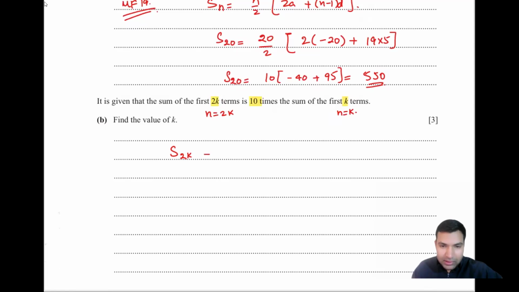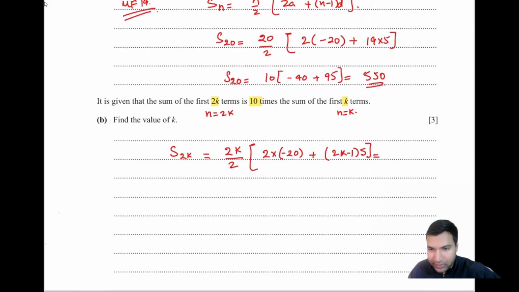Okay, so apply the same formula. n is 2k over 2, a still remains the same, so that's negative 20, plus (n minus 1), n is 2k, so (2k minus 1) times d, which is 5. Okay, and this equals 10 times the sum of the first k terms.